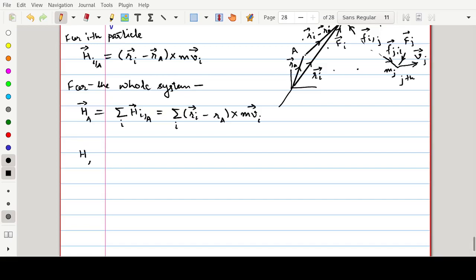So taking time derivative, HA dot will be, taking time derivative of the first term, Vi minus Va, velocity of i minus velocity of A, cross we will keep this as constant, plus now we will keep the first term constant and take derivative of the second term.